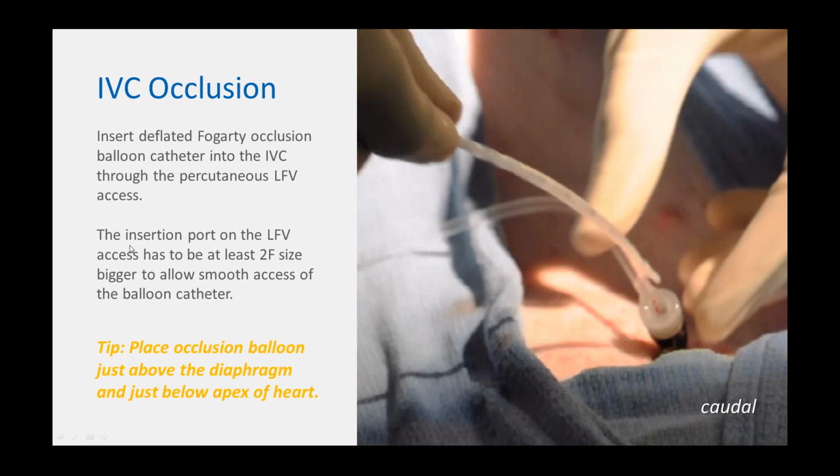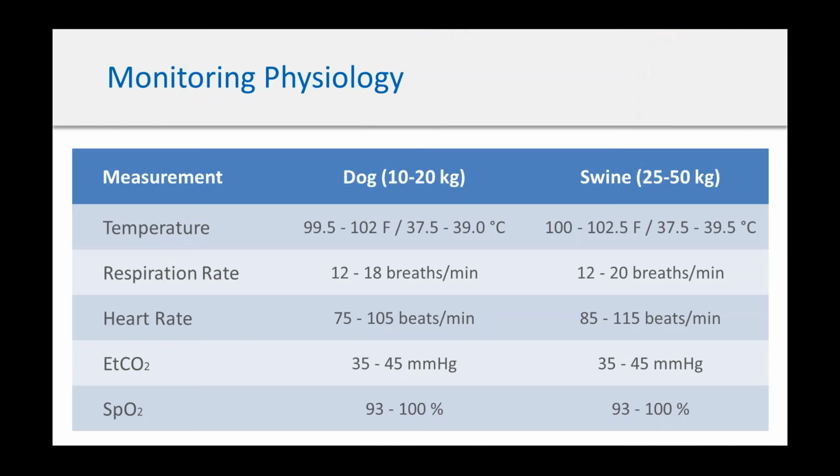We've found that these IVC occlusion balloons, especially because we've used them multiple times and we gas sterilize all of our PV catheters and balloons again and again, get a little bit stiff, and it's hard to get them into the sheaths without having something really pretty big. We'll place the balloon right above the diaphragm, below the apex of the heart, and then we're ready to get some IVC occlusions.